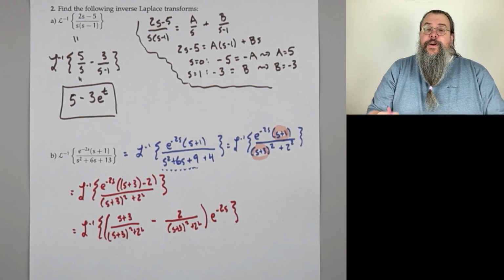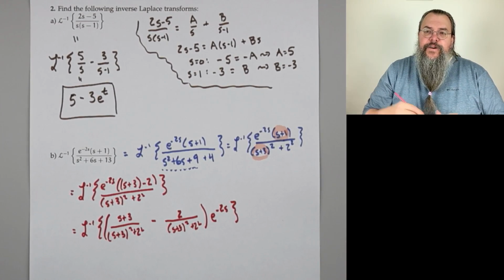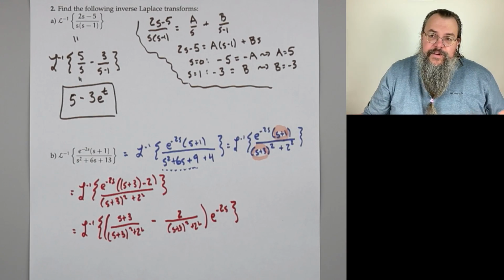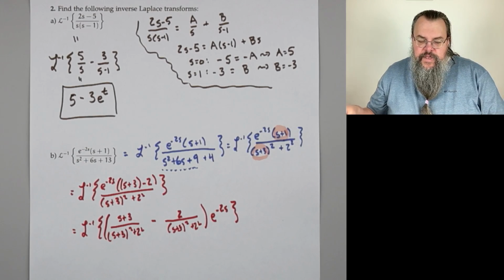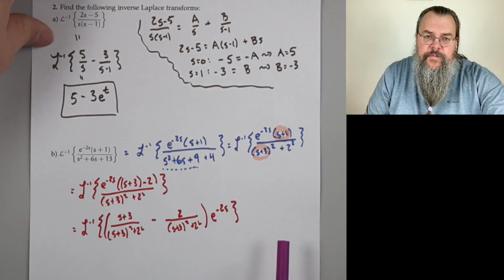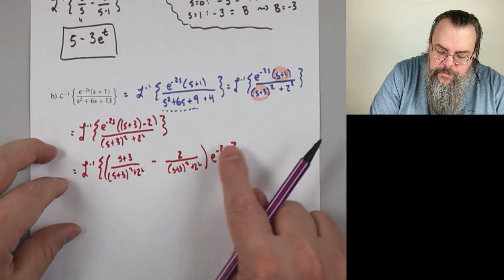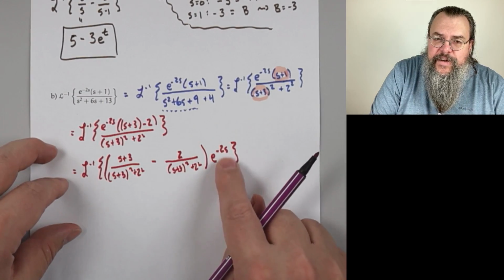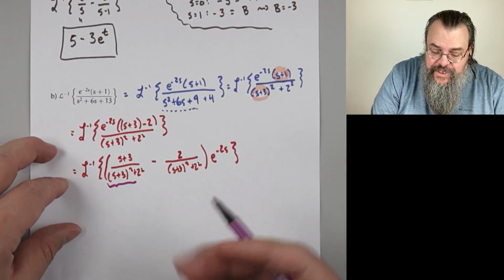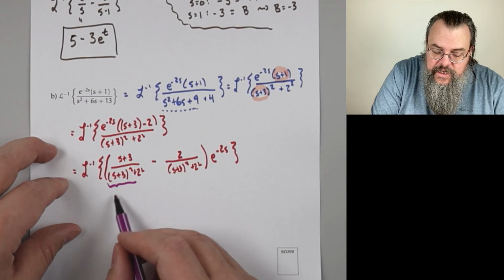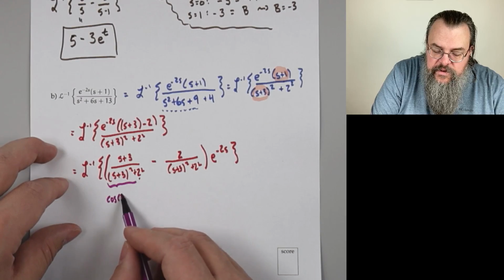All right. We've now rewritten it, and we have to start thinking about what our pieces are going to be. Piece by piece, what's going to happen? Give ourselves some space here. If we weren't worried about that part for the second, we'll come back and talk about it. This first part is a cosine. So it would be cosine of what? Well, the 2 gives it away. It's cosine of 2t.